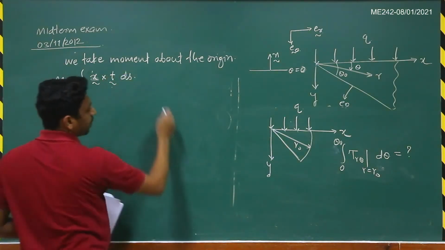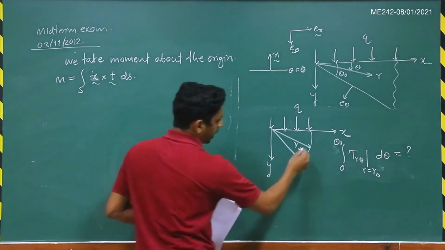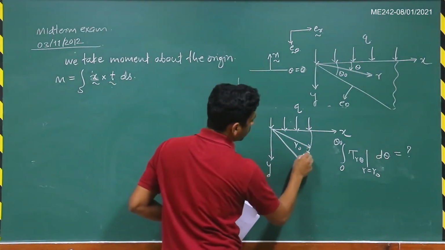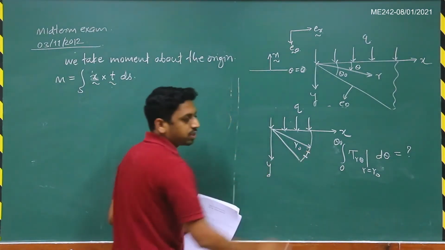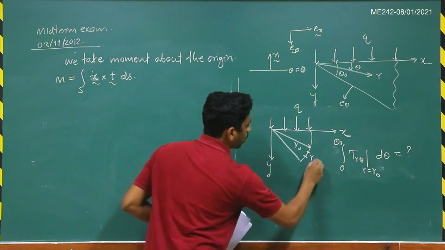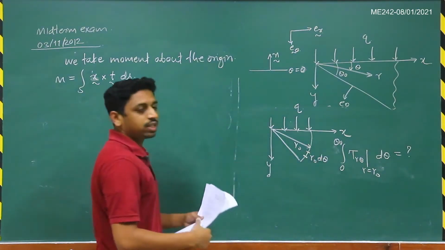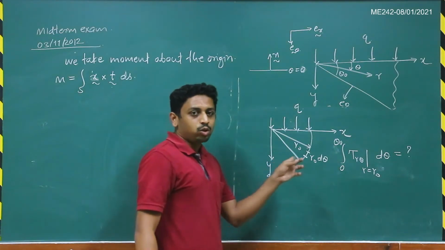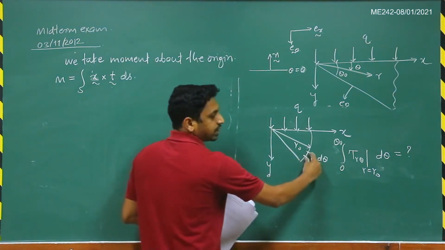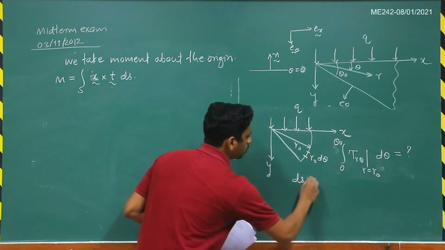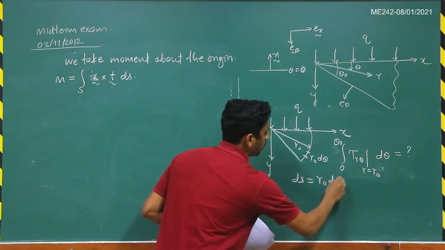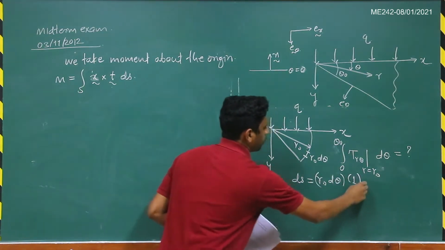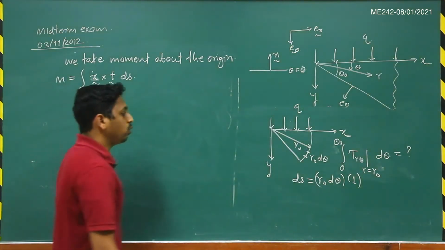Now if we take any element on this particular surface, the length of this element would be r naught d theta. So we are considering unit thickness into the board. So the surface element ds basically will be r naught d theta into unit.